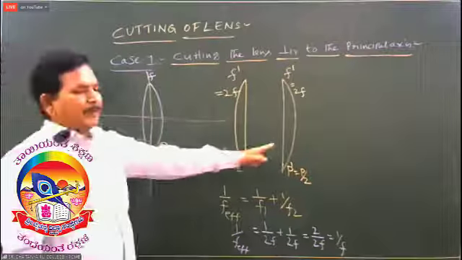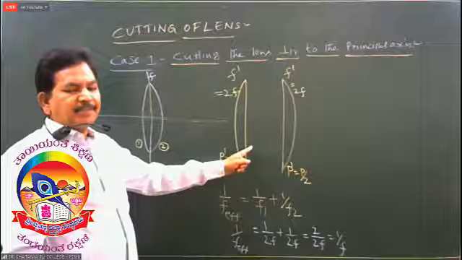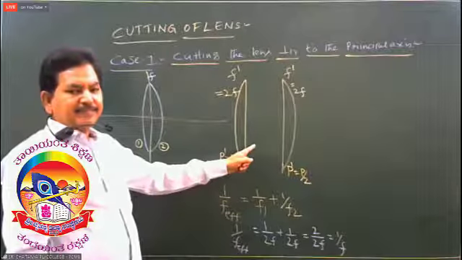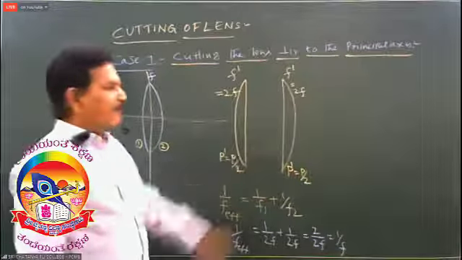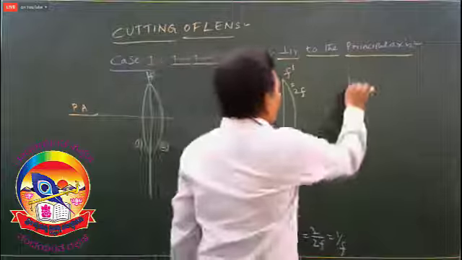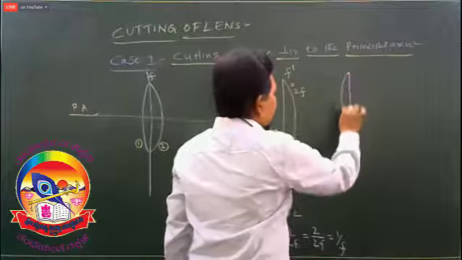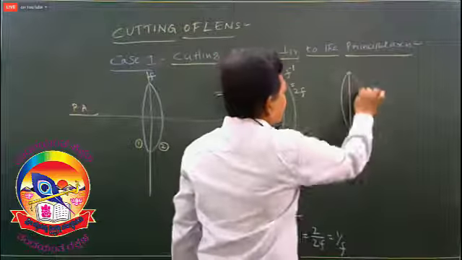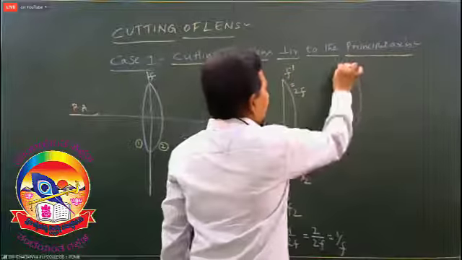So when these two pieces are kept in contact in different ways, I am showing here. First of all, they are kept like this. They are joined like this. This is case 1.